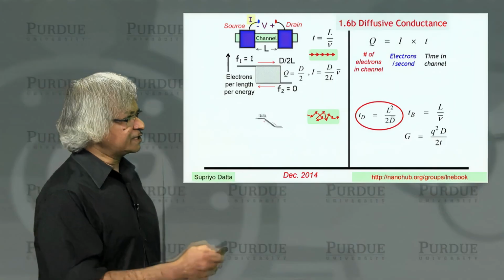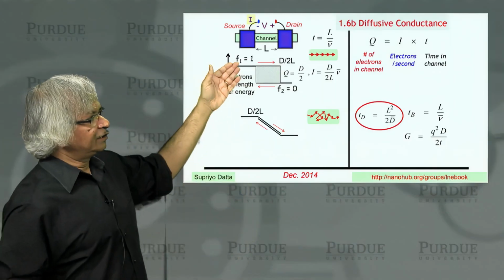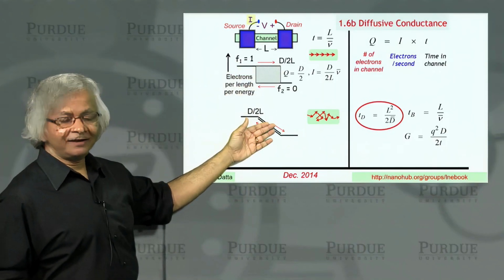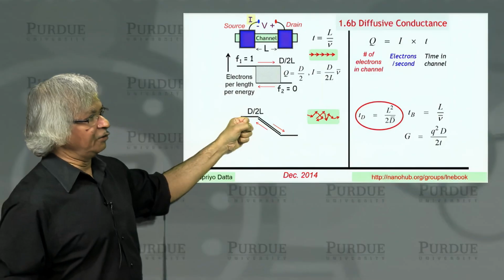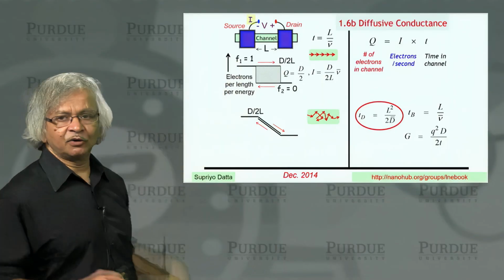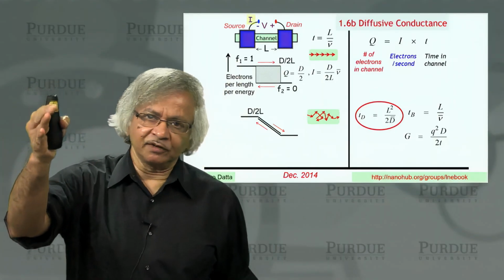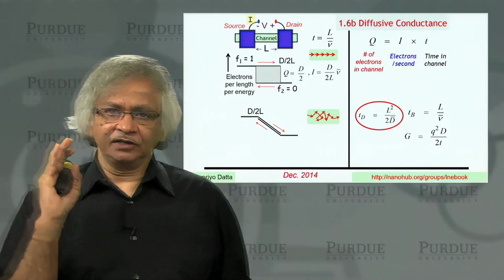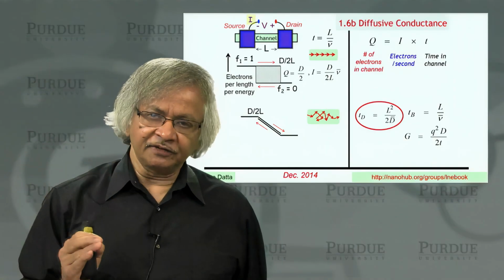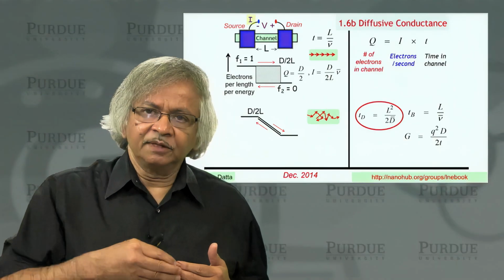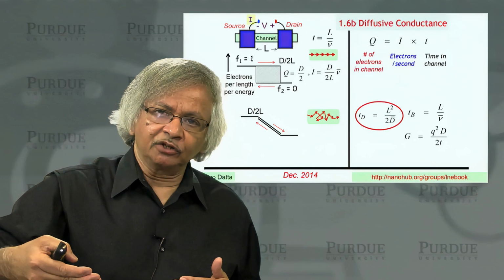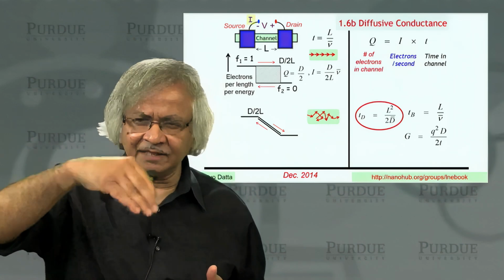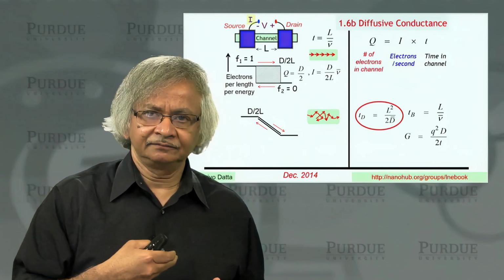So first let us try to see what the distribution of electrons will look like. What's different now is, for ballistic transport, all the northbound lanes were filled, all the southbound lanes were empty. For diffusive transport, these electrons get onto the northbound lanes, but then they hit something and turn around and come back.